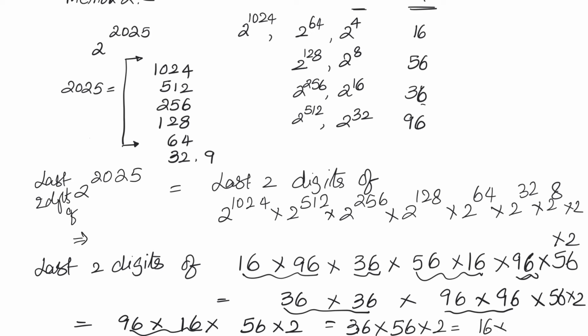So that will be 36 into 56. When we multiply, the last two digits will be 16. 16 twos are 32. So these are a couple of methods to find the last two digits of a number like 2 power 2025. You can do the same for 3 power 2025 also. See whether you can get the last two digits of 3 power 2025.